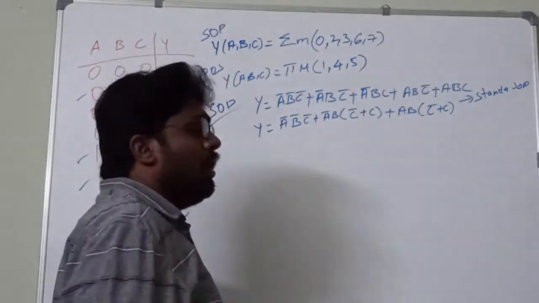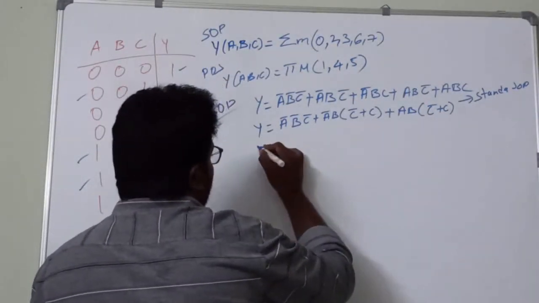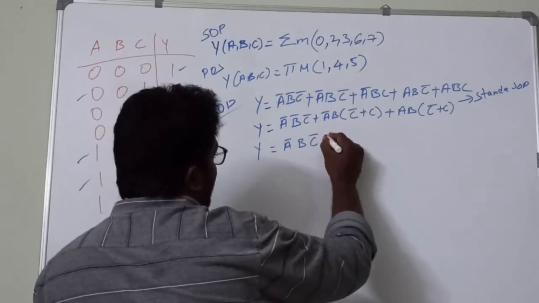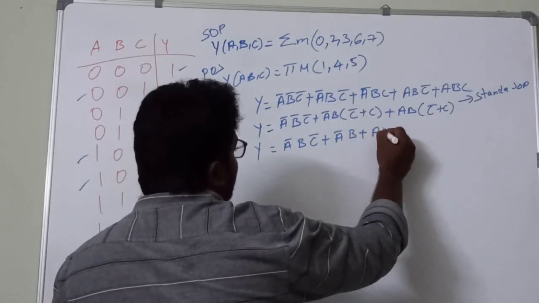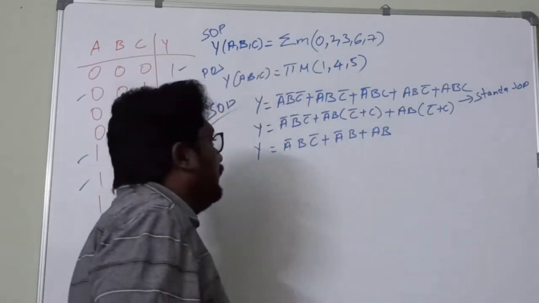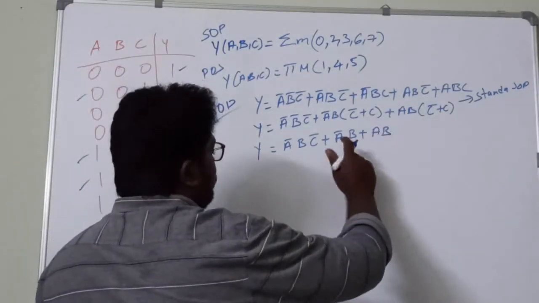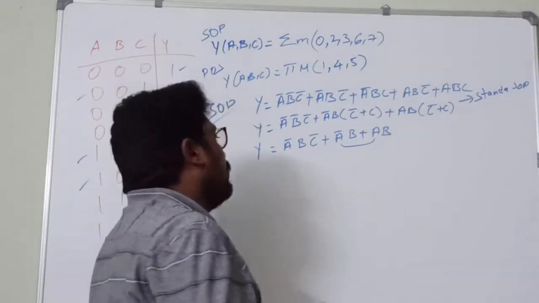So according to the OR operation rules, C complement plus C will become 1. So the expression becomes A complement B C complement plus A complement B plus AB, right? So here if you observe, A complement and A are common, right?